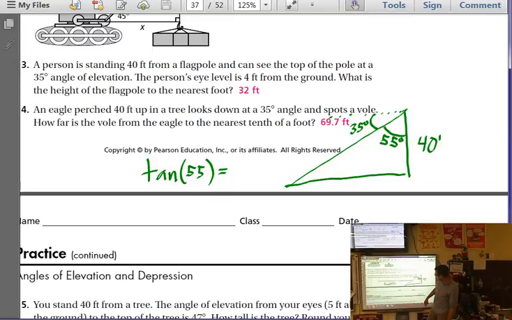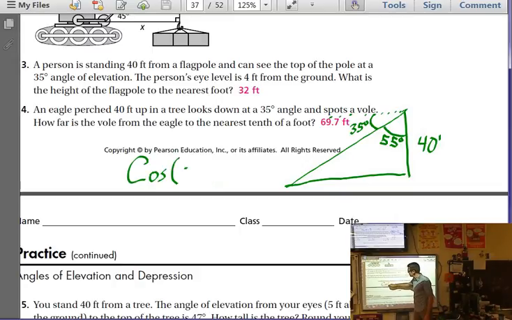Yeah, it's direct distance, not horizontal distance. So that is going to involve the adjacent and the hypotenuse, which is cosine. The adjacent 40 over the unknown hypotenuse, so I'll just make that h. Essentially your h and your cosine switch places, and we do 40 divided by cosine 55.